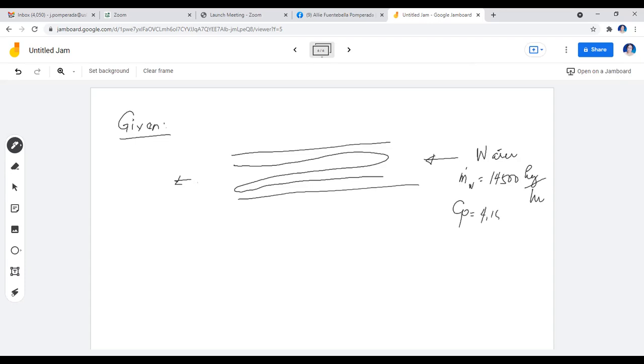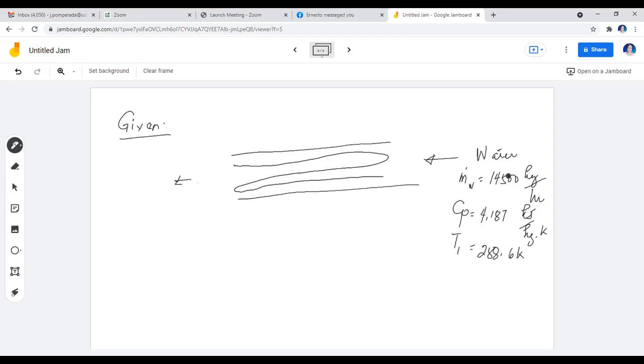We'll just use the standard CP of water, which is 4.187 kilojoule per kilogram Kelvin. You may also use the CP of water at the indicated inlet temperature of the water in here, which is 288.6 Kelvin. So what I'm trying to say, class, is you may use the standard CP, or you may use the actual CP of the water at this particular indicated temperature. Anyhow, your answer will not vary that much.